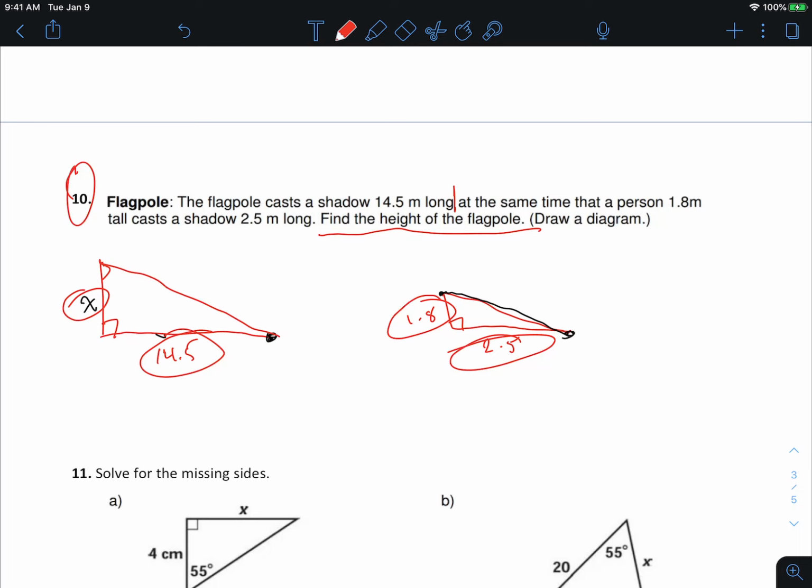We don't know that yet, so I can't go off that. So I have to go 14 over 2.5. I don't know if you would actually get an answer the way you're trying to do it. You'd be chasing your tail because you don't have this, and you try to calculate this. It just wouldn't get you anywhere. You need an angle to do what you're doing.